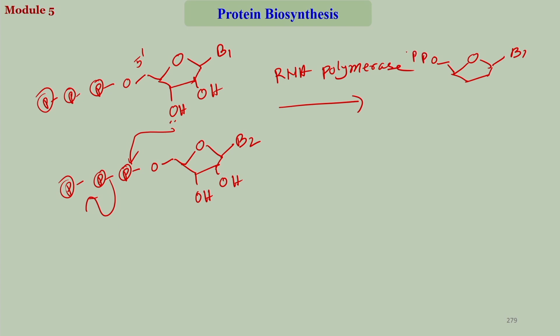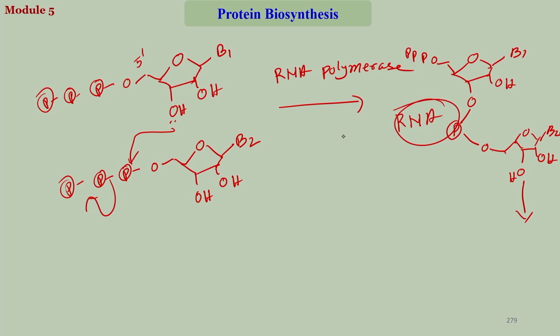O, P, P, P, here O, phosphate, O, CH2 basically here, B2, here there is OH, here there is OH, and here would be the OH, and this will go on like this. So, you will have your RNA synthesized there.